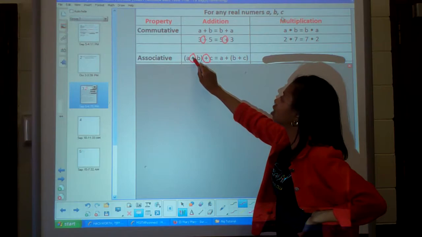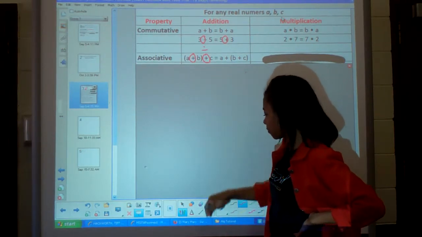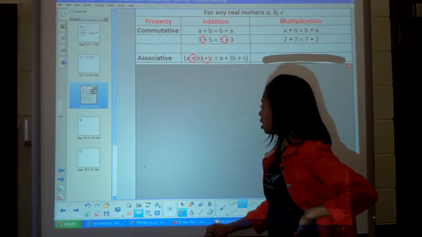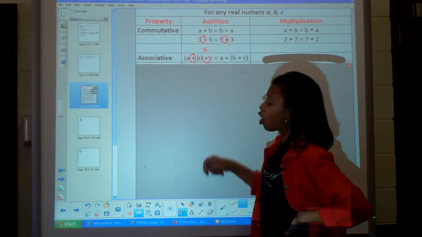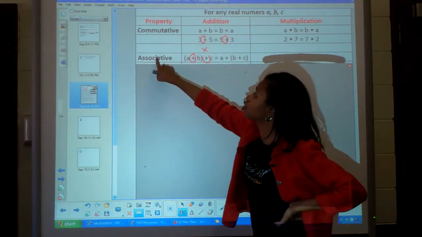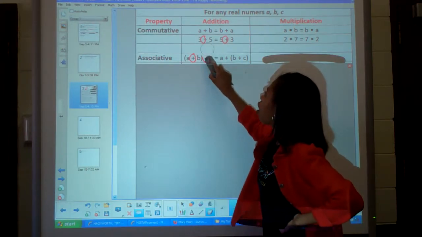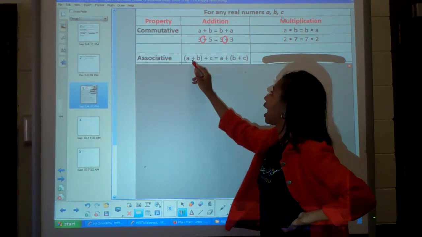There's no addition and then some division here, or addition and multiplication. All are the same. It's the associative property for addition, so all three of the items are being added.